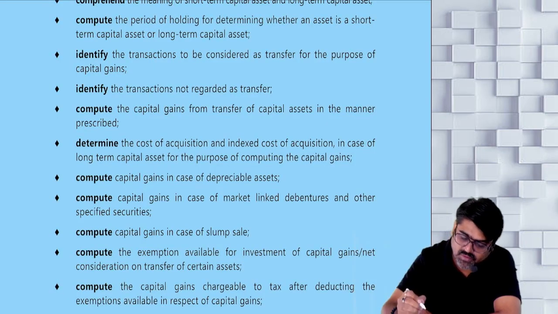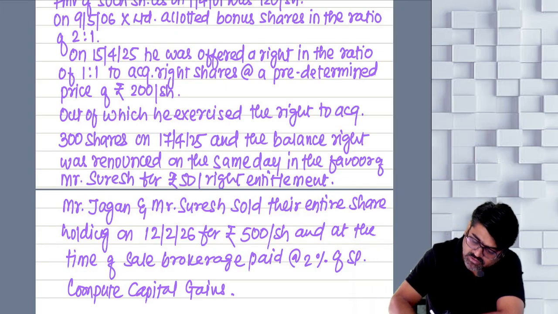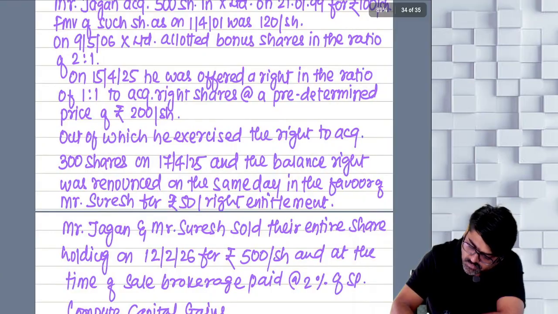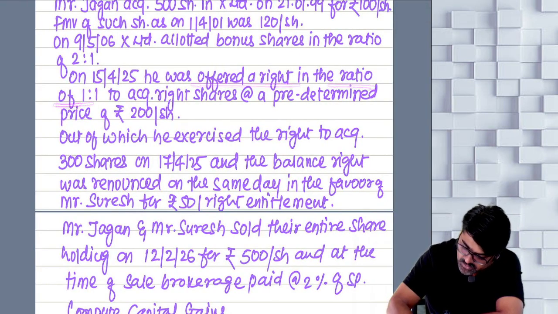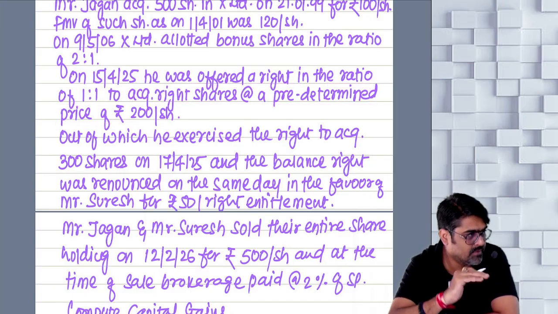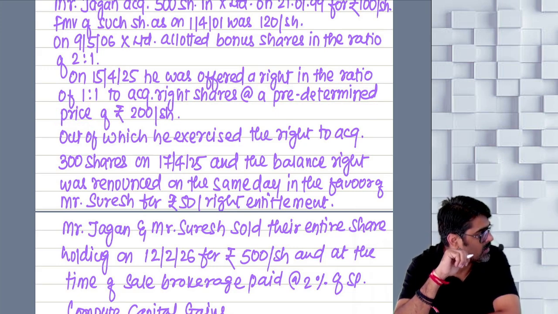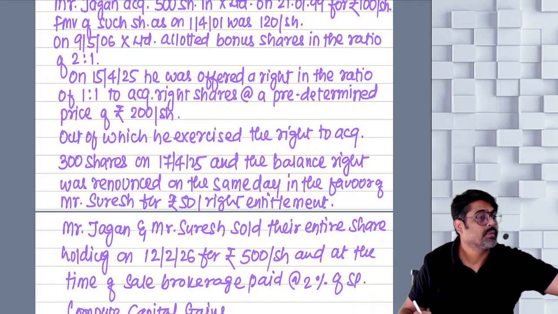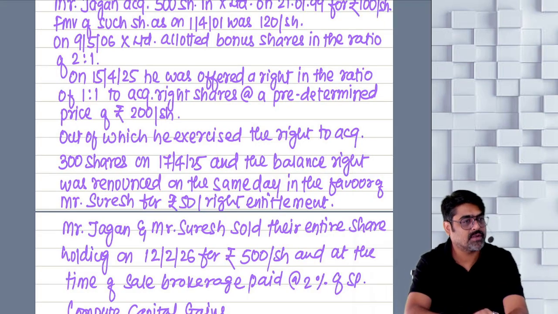So the company is offering you right shares. See, the company was offering a right in the ratio of 1:1 to acquire the right shares at predetermined price of 200 rupees. So whenever you will exercise the right, how much amount you are going to give to the company? 200 rupees per share.